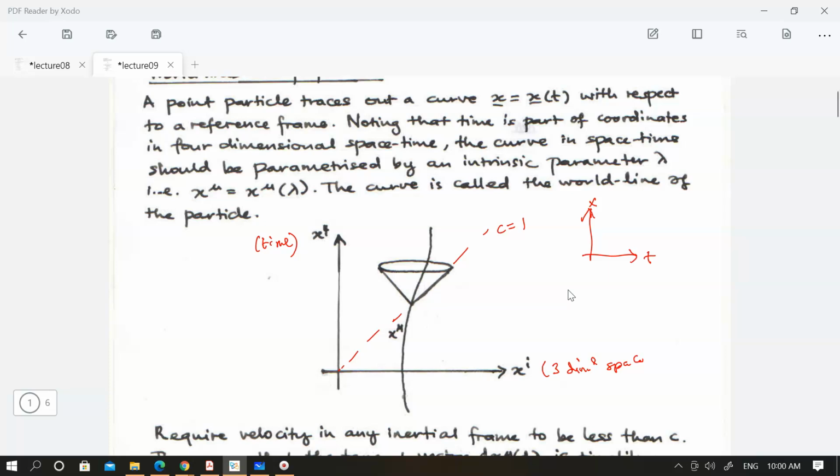You can think of your space-time coordinates as being parameterized by this lambda, so that it appears as this particular curve here. And this curve is called the worldline of that particle.